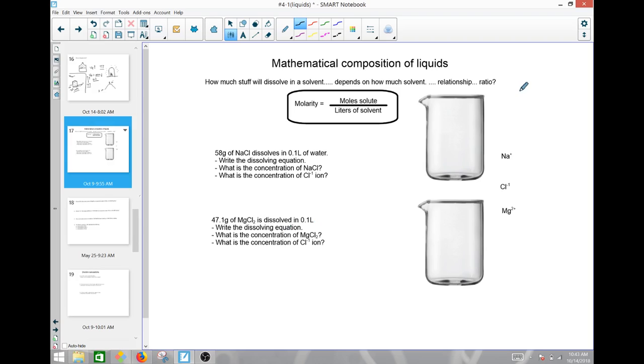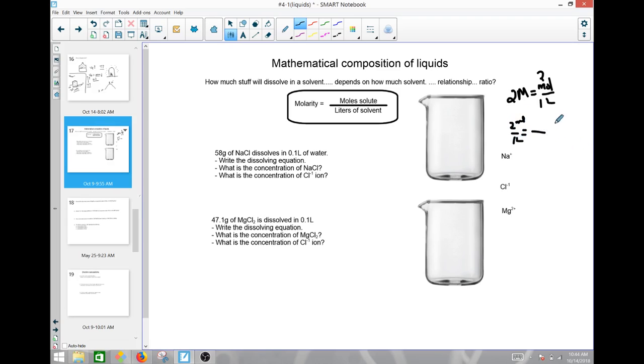For example, if we have something that's 2 M, capital M means this is 2 moles per liter. Now this is a fictional example of a per 1 liter. This is 2 moles in 1 liter. And again, it's just a relationship. It's a linear ratio. So we could do a linear proportion, 2 moles per 1 liter.